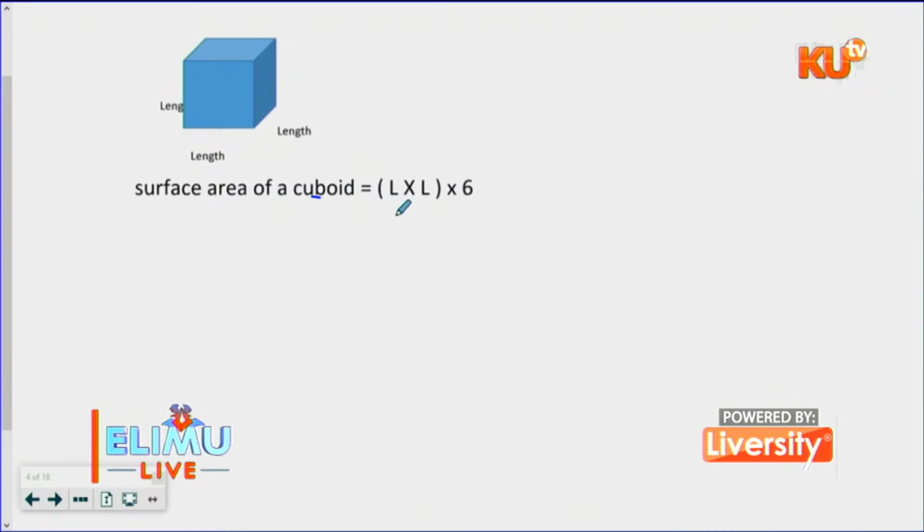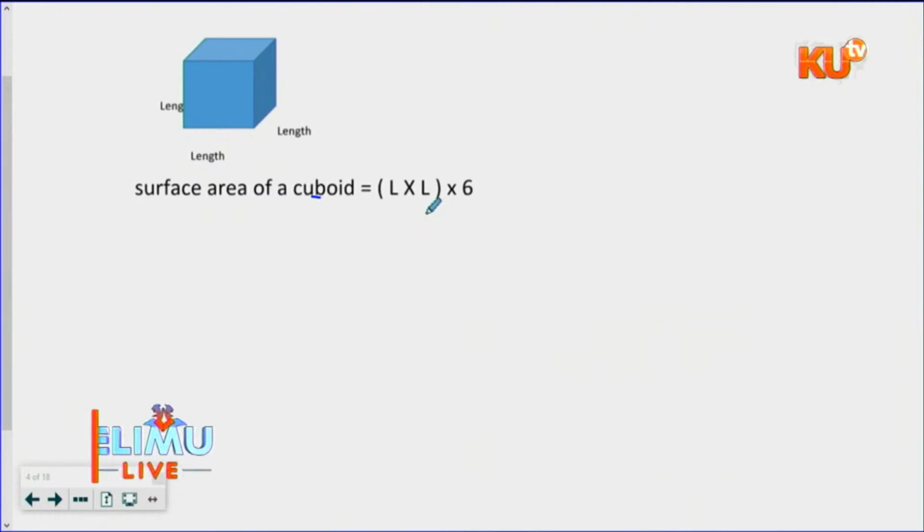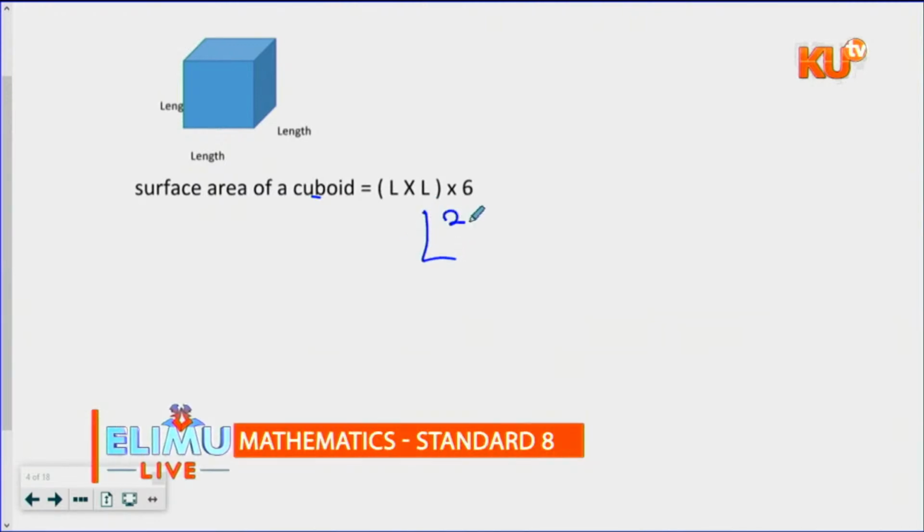Somewhere you will get that the formula is written, like in this case we've used length, it will be written L squared. Then they will say L squared like this, then multiply by 6. That simply means that the answer you get after multiplying what is inside the bracket, multiply it by 6.